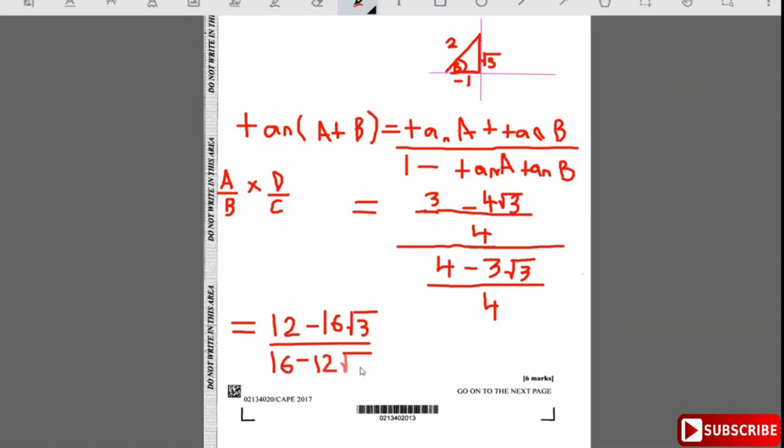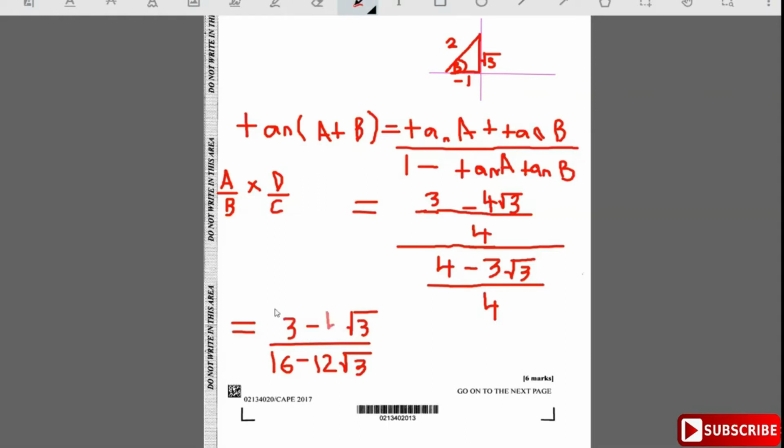So now I'm going to have to rationalize and multiply by the conjugate of the denominator. But before I do that, I think I can simplify this. I can factor out 4, because this is a big number. Factor out the 4 to get 3 minus 4 root 3.